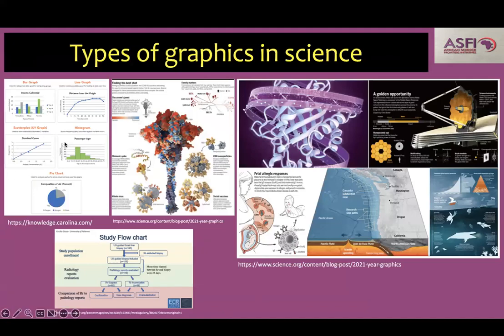Types of graphics, you can see on the left side: bar graph, line graph, scatter plot, histogram, pie chart. These are common ones. And then you begin to get complicated with other things there.